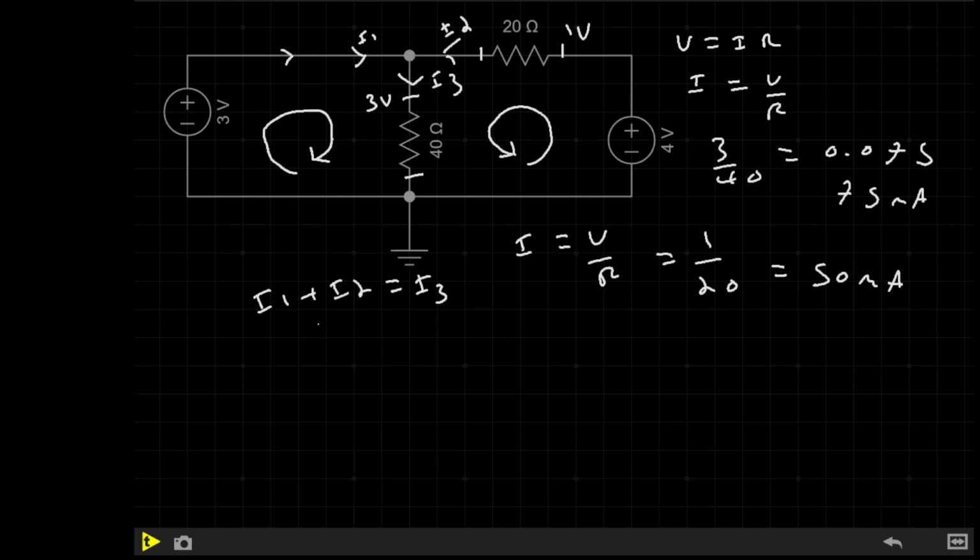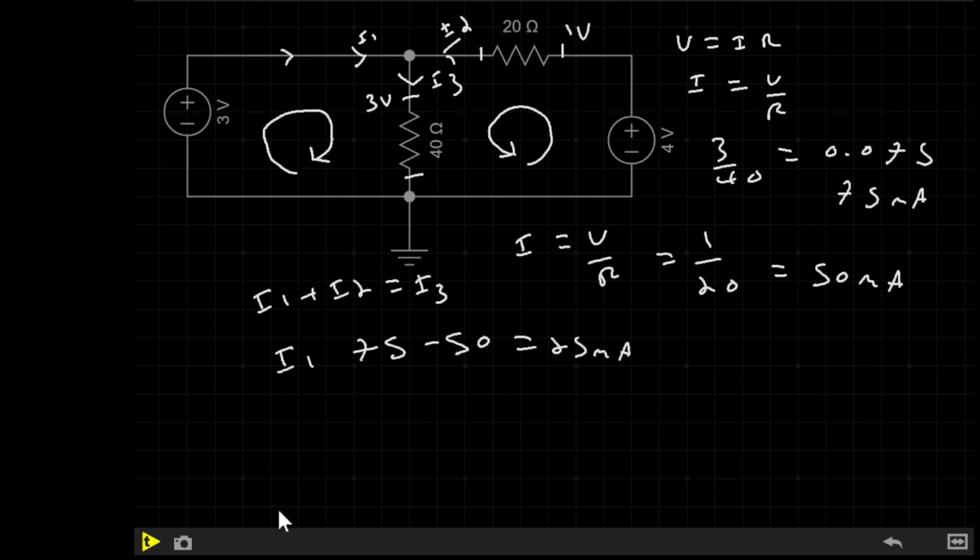And because we already know I2 and I3, we know that I1 is actually equal to 75 milliamps minus 50, which gives us 25 milliamps.